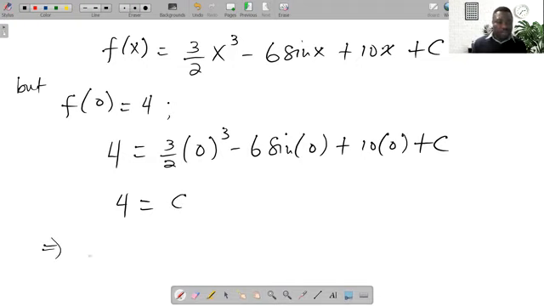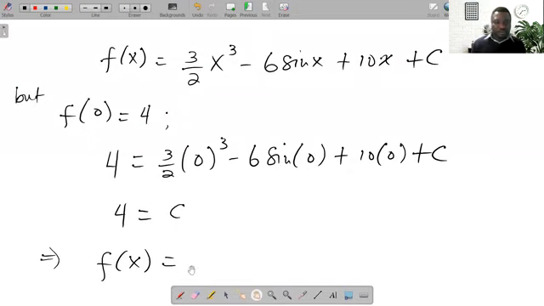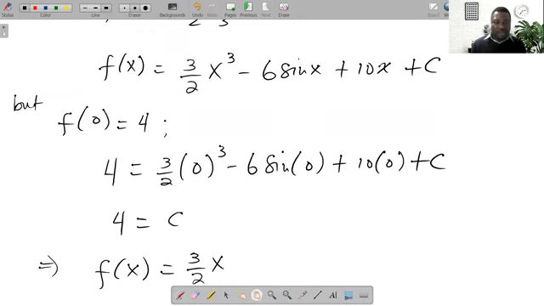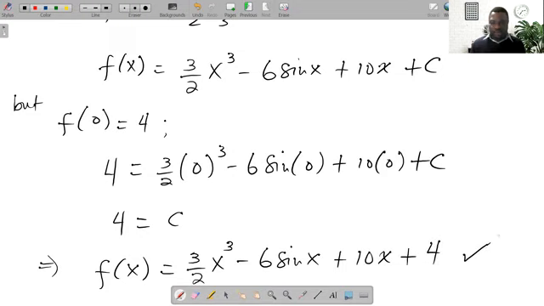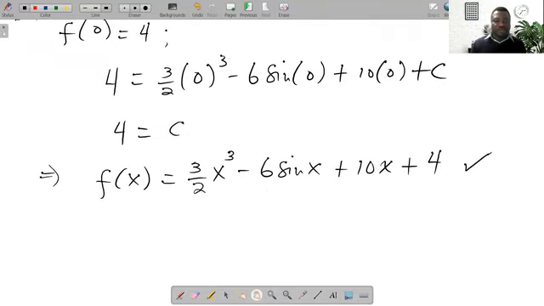And that means that my function f of x will be nothing more than 3 over 2 x cubed minus 6 sine x plus 10x and then plus 4. This is what I'm looking for.